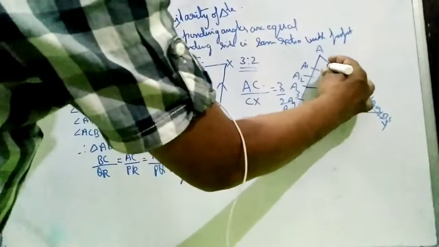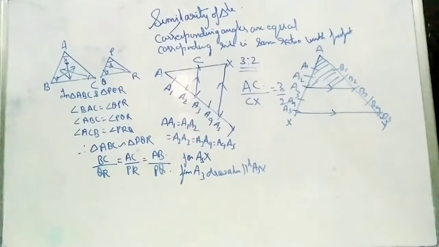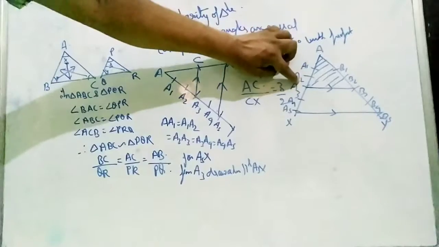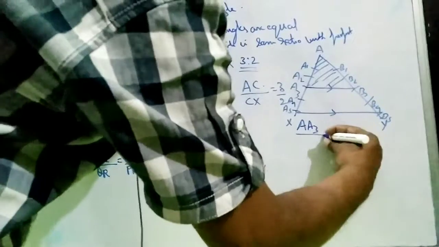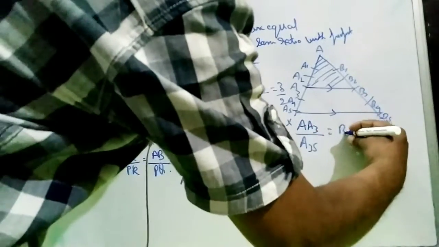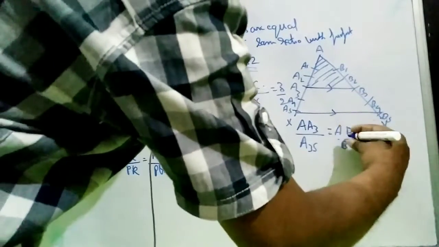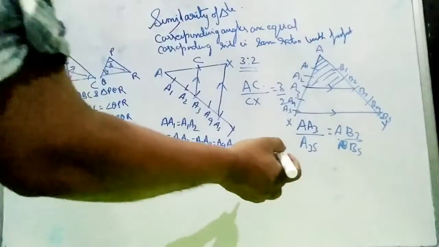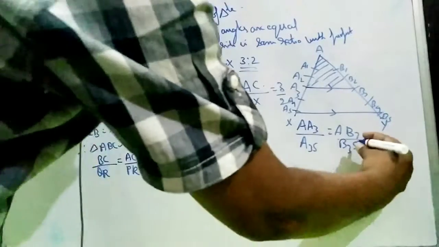So in this case you have divided the triangle in a ratio of 3:2, or you have divided both the lines in the same proportion, that is, AB3 upon AB5 is equal to B3 upon B3B5.